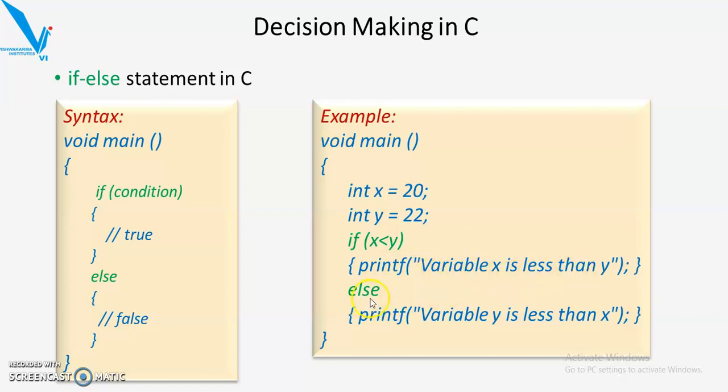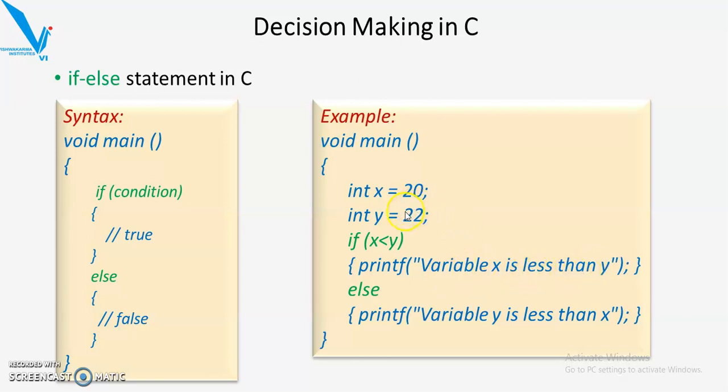If the condition is false, we are having the else statement. Inside that we are going to print "variable y is less than x". Now in this case, as the condition is satisfied, that is 20 is less than 22, in the output we will be getting "variable x is less than y".